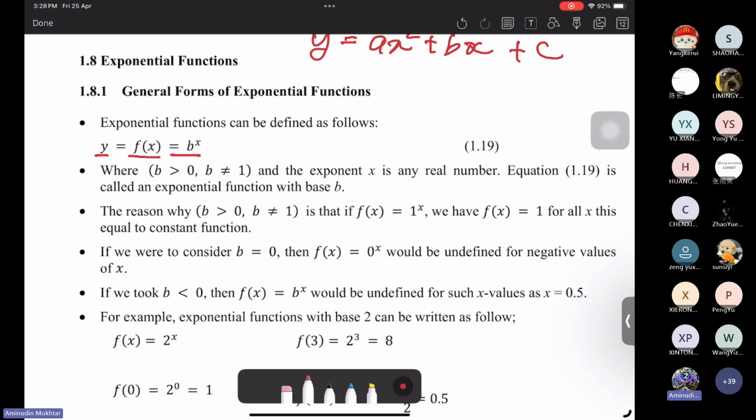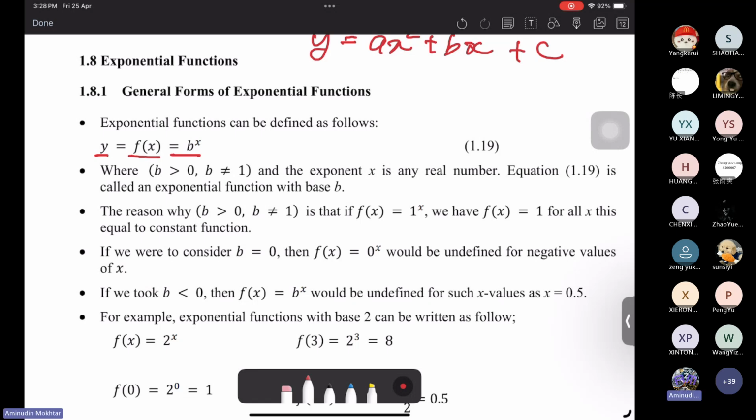In other words, equation 1.19 is also called an exponential function with base b. The reason why b must be positive and cannot equal 1 is that if b equals 1, we have f(x) equal to 1 for all x, and this is called a constant function.